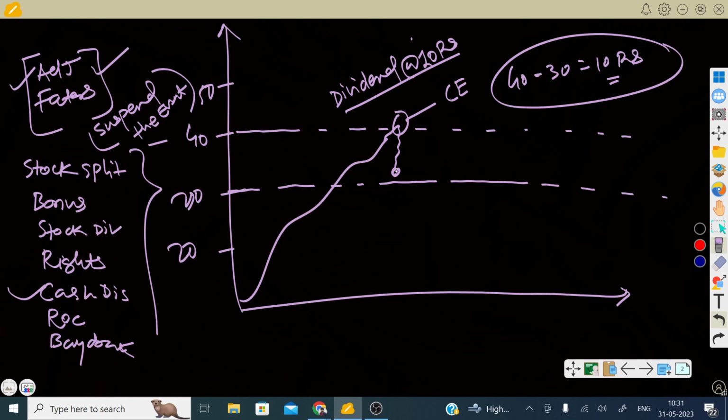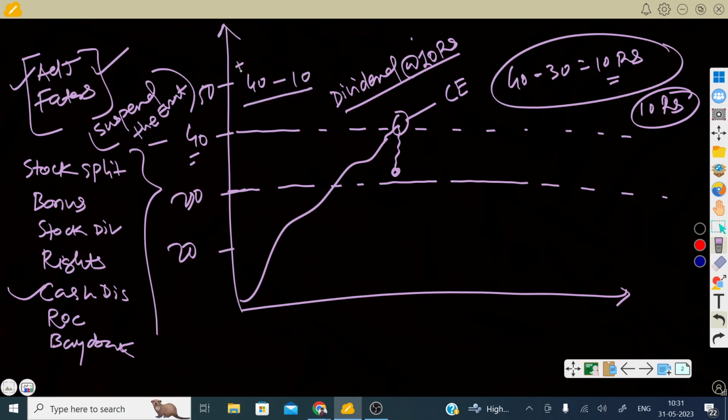You can say it affects the premium. The total premium which you have paid, the stock exchange will add 10 rupees there. Let's say you have paid a premium of 40. Due to this, you would see a loss of 10.